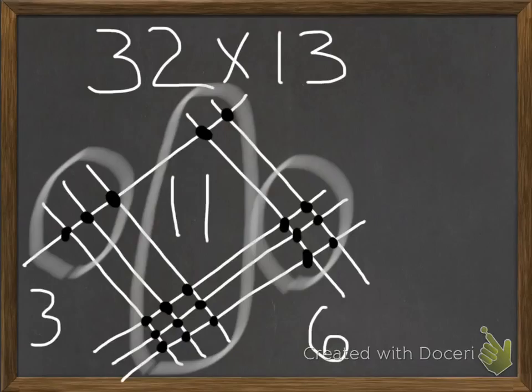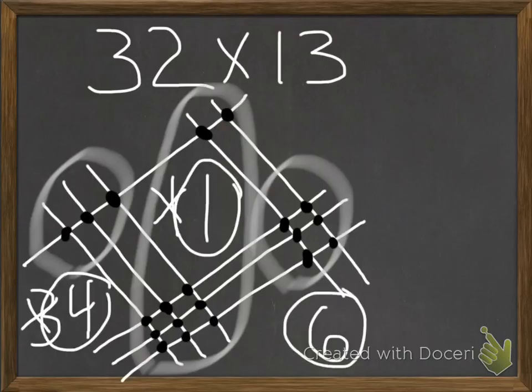We can't do that, so we're going to have to cross this one or move this one over to the hundreds place, and that's going to give us the 400 here. And now, once we've done that, if we circle our 4 and circle our 1 and our 6, the answer is going to be 416. So the answer to 32 times 13 is 416.